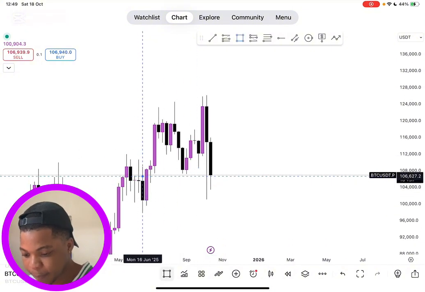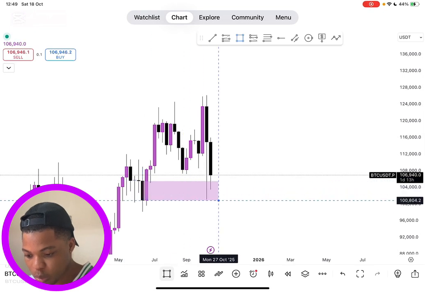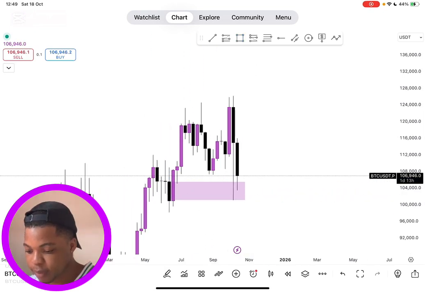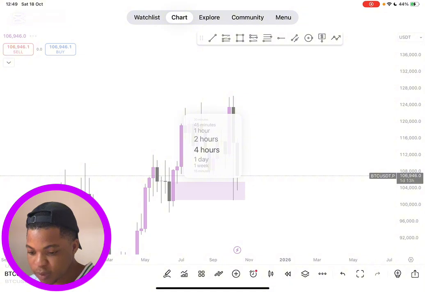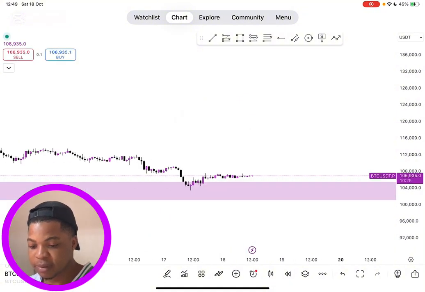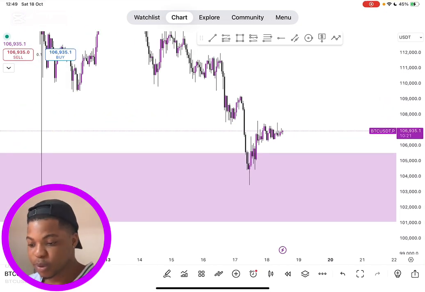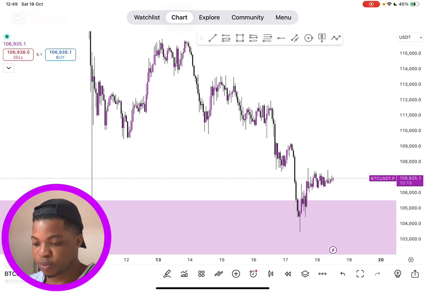This other block here. After market tapped in, I thought to myself, maybe it's time for the market to go back up.